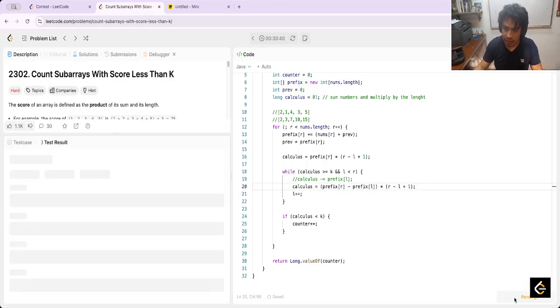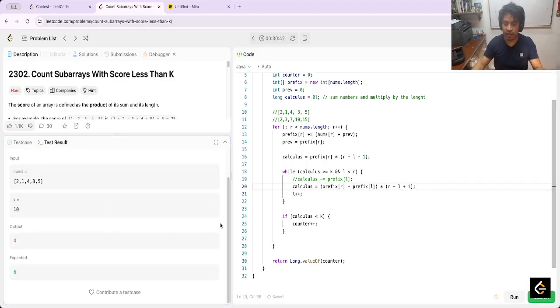I think that it is in this way. Prefix in the position R less prefix in the position L.